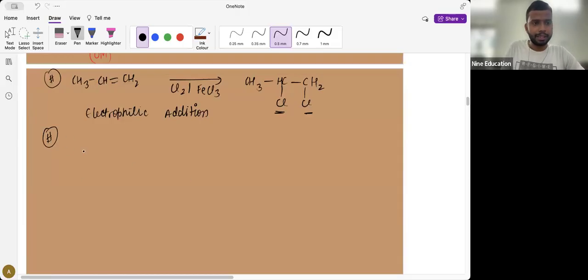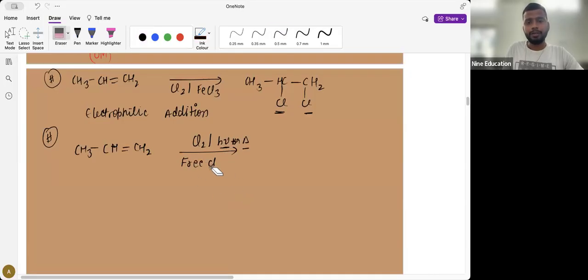Again, the last thing I am telling you, let's see one more reaction. Let's say we have this alkene, and if I put in this alkene Cl2 with heat or light, we always remember that we have to make free radicals.